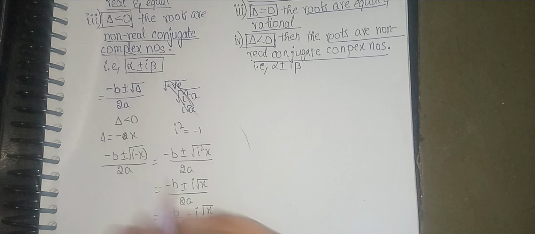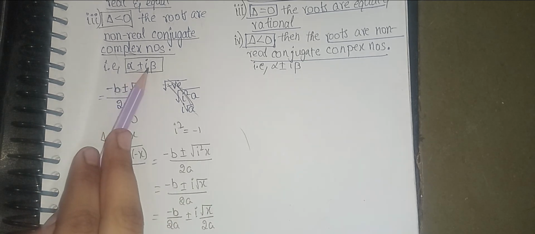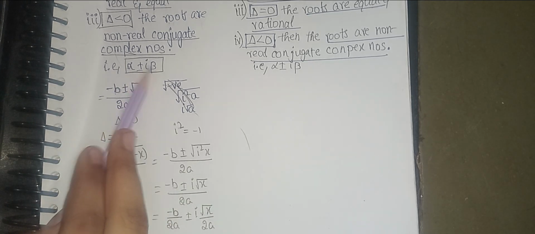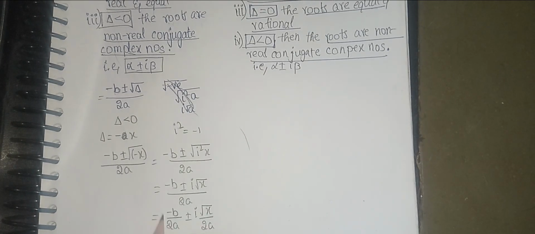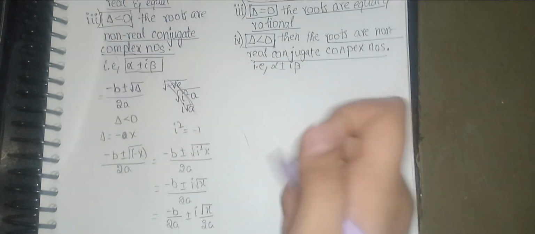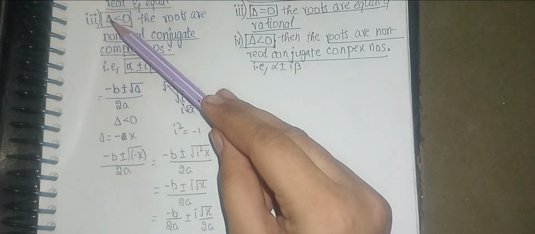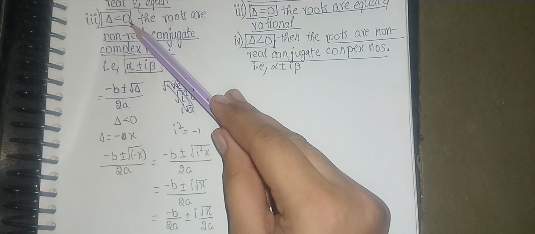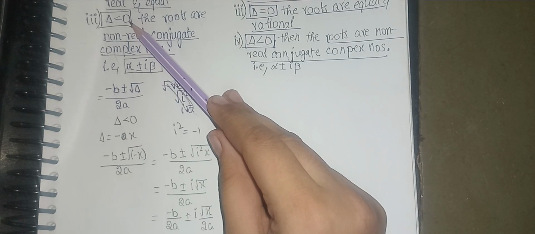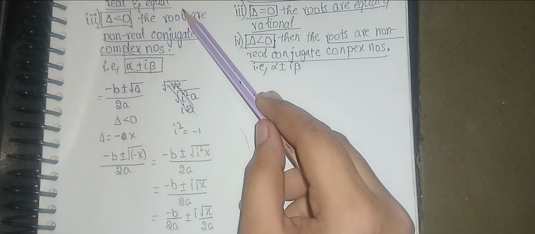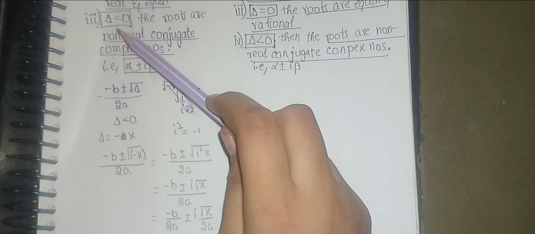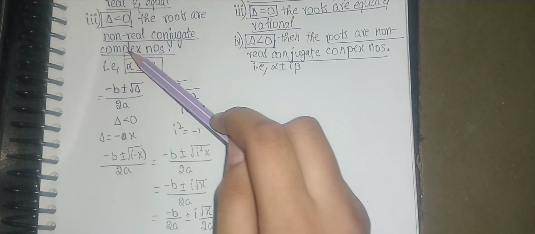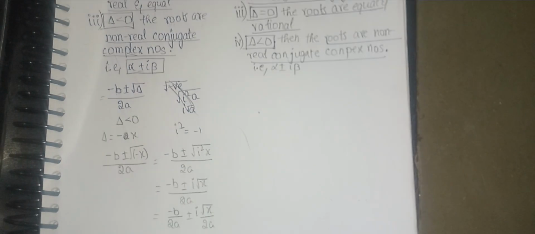It is in the form of alpha plus or minus i beta. So if discriminant is less than 0, the roots will be non-real conjugate complex numbers.